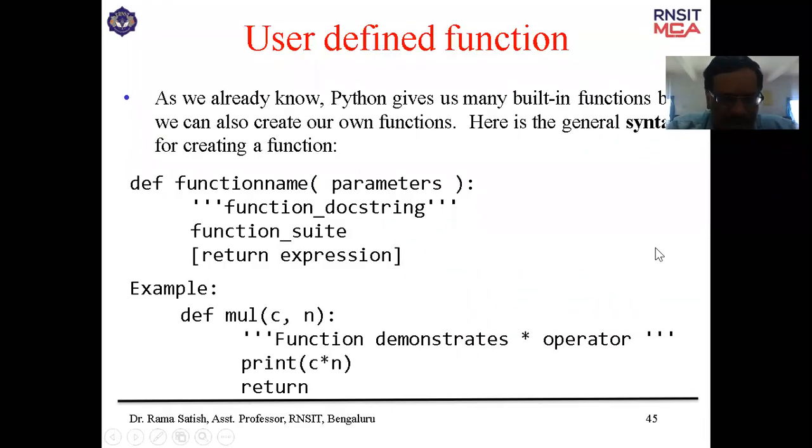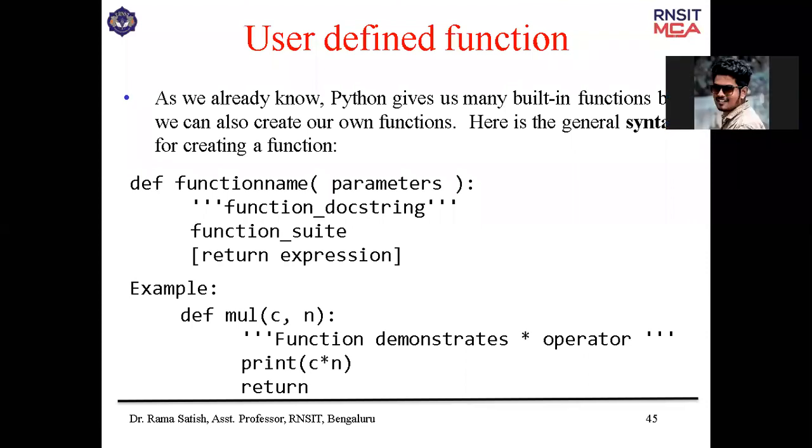And if you look further, normally the standard definition of any user-defined function is: first you write the name of the function, parameters, colon, followed immediately by triple quotes. What happens when you write triple quotes? Anything within triple quotes is a comment, exactly. Why is this comment required?